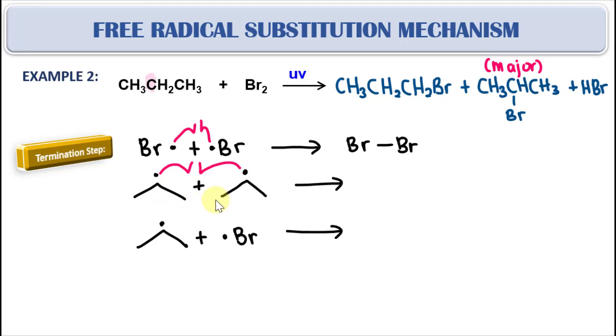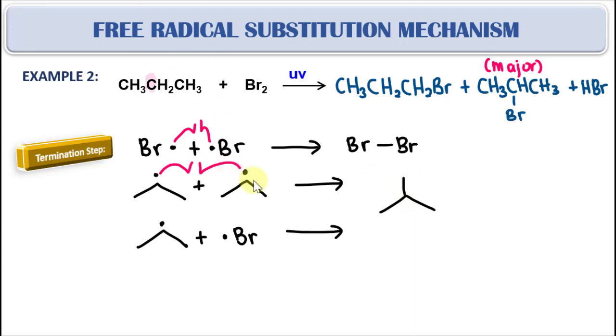Now for this one, to show the formation of the product from the combination of these radicals, let's draw the first radical. So we have this one. Since the unpaired electron is on the second carbon, which is this carbon, the bonding will occur here. Same goes to this one.